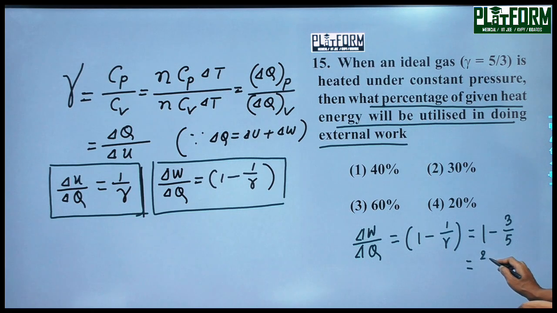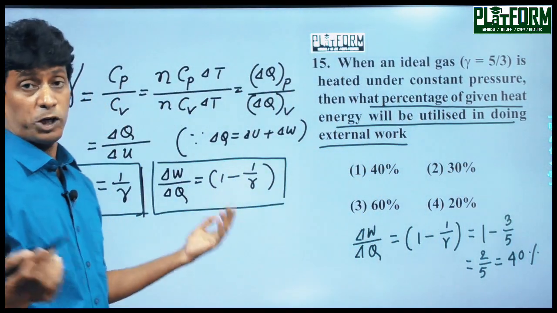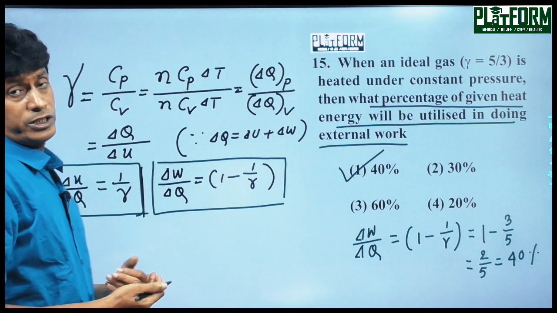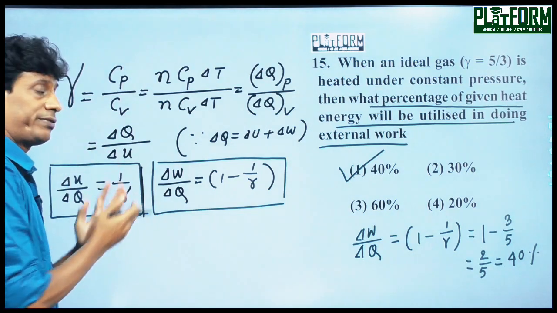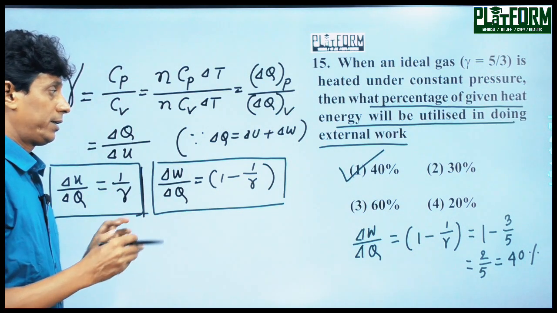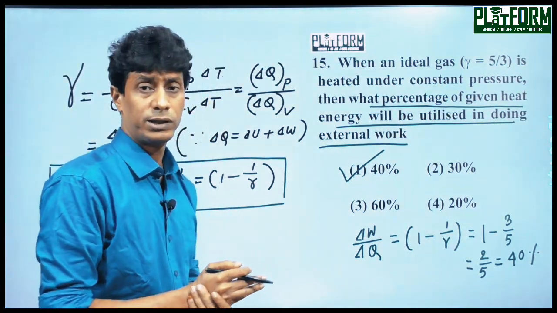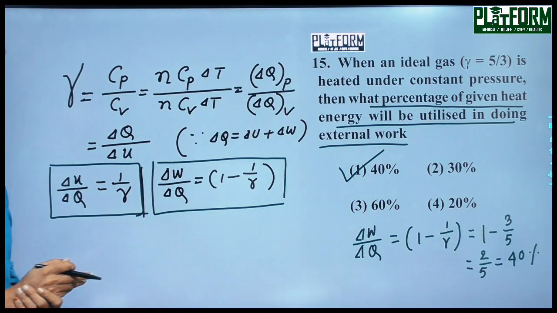So this is 2 by 5, and in percentage it is 40% of the total heat supplied is utilized in doing the work. Okay, the right option here is 1. So this question is also based on concept. You should have this concept, the significance of gamma, and a little bit of calculation, or sometimes some students can do this problem without calculation, because it is very simple, 1 minus 3 by 5 is 2/5, 2/5 is 40%.